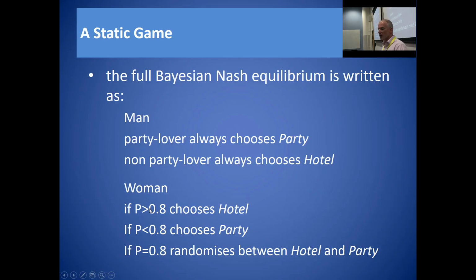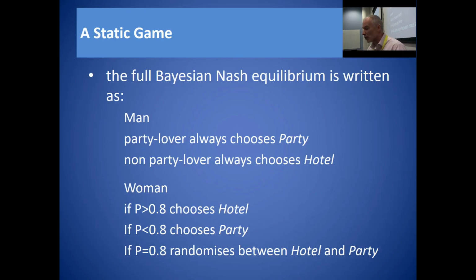So when p was greater than 0.8, she would always choose to go to the hotel. When p is less than 0.8, she will always choose to go to the party. And when p was exactly equal to 0.8, she would randomise her behaviour, because both would give exactly the same expected payoffs.